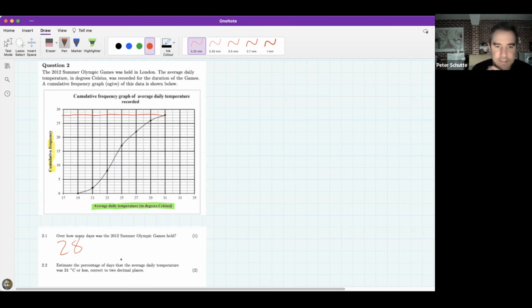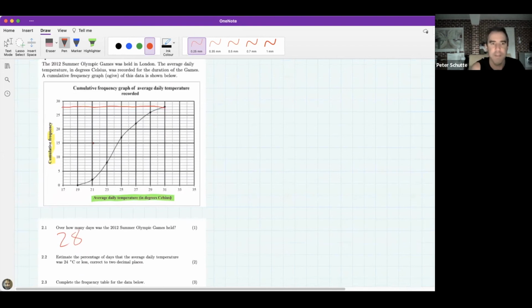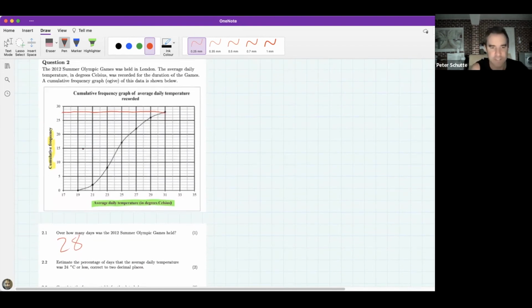Okay. Estimate the percentage of days that the average daily temperature was 24 degrees Celsius or less. Correct to 2 decimal places. So I want to give you a chance to think about this. I don't want to steal your fun, but estimate the percentage of days that the average daily temperature was 24 degrees or less.